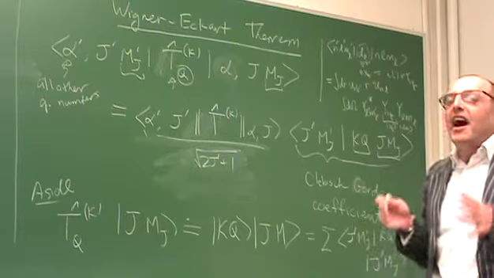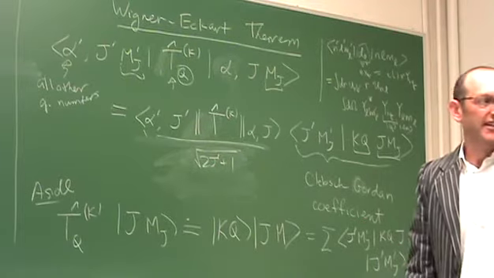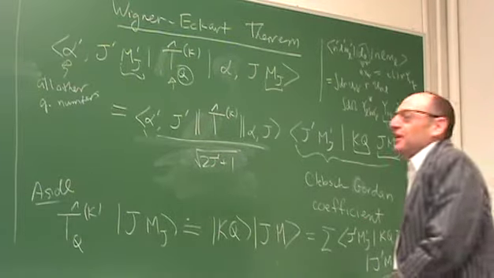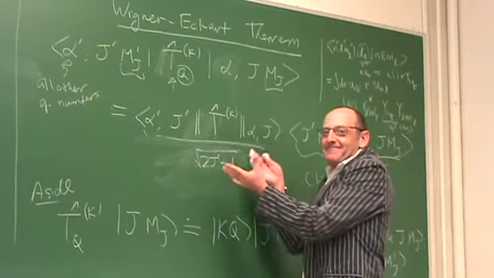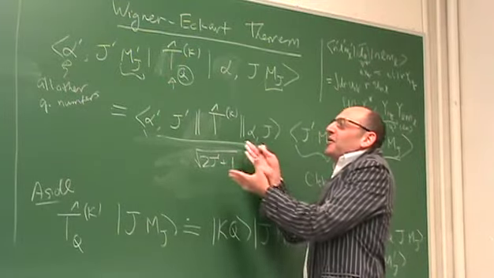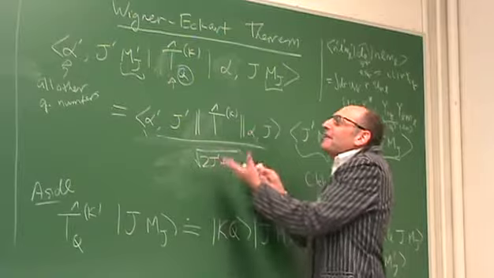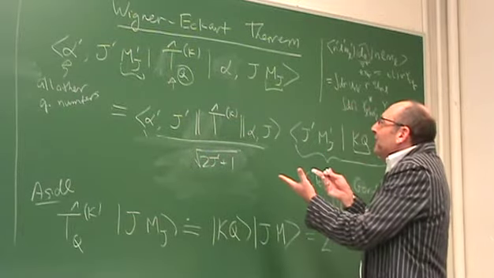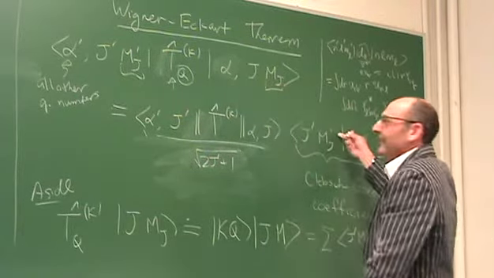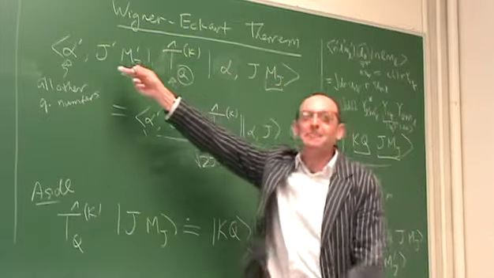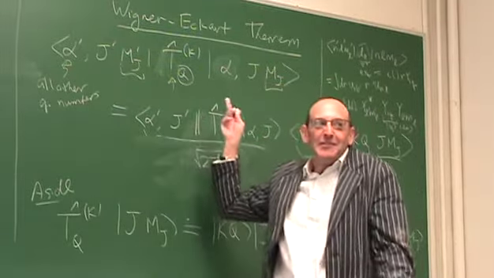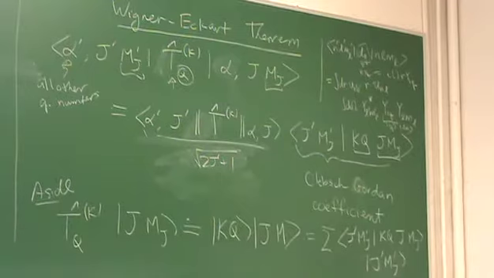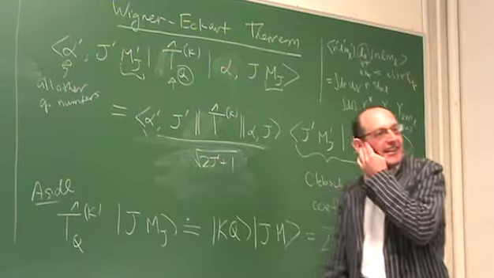But I find it a total waste and a confusion to do that, because you never actually need it. You calculate the Clebsch-Gordan coefficient, then you multiply by that, and then you get the reduced matrix element. It's an extra factor to worry about that you almost never need. So I don't like that convention, but it's a convention that you'll see.